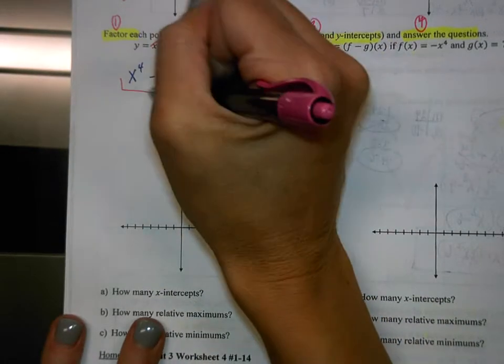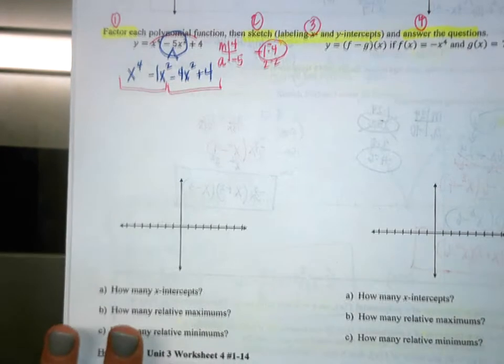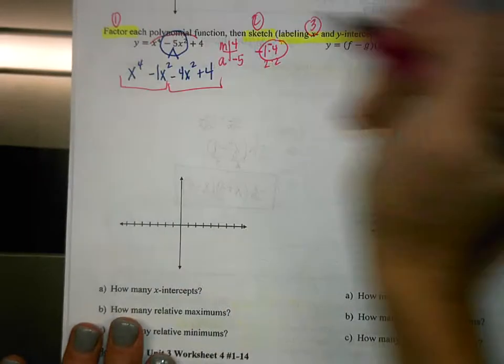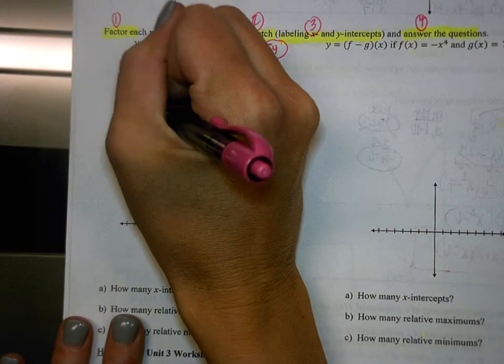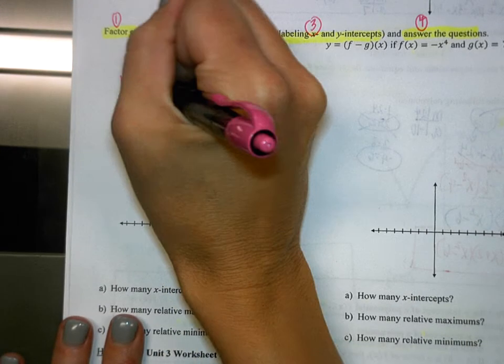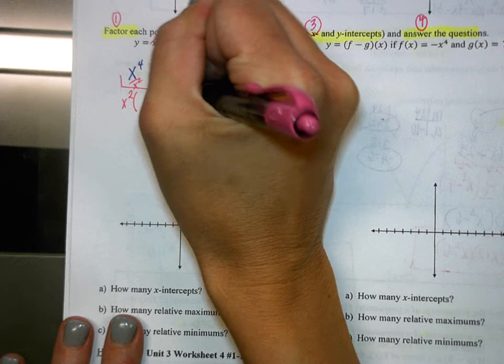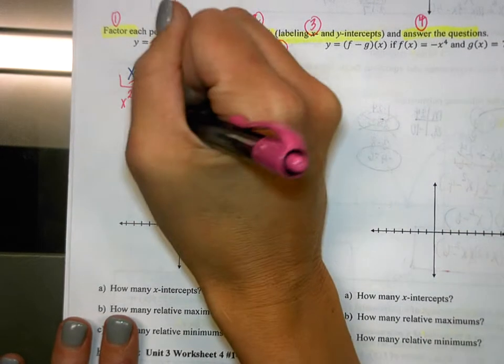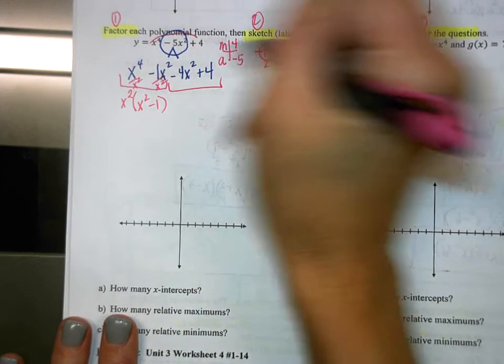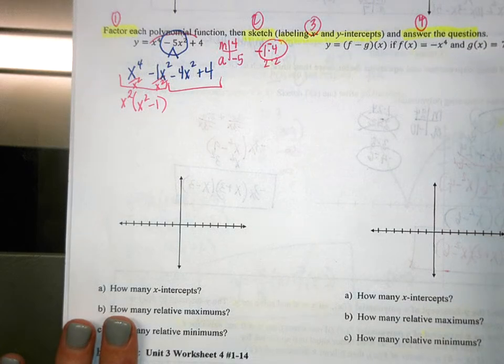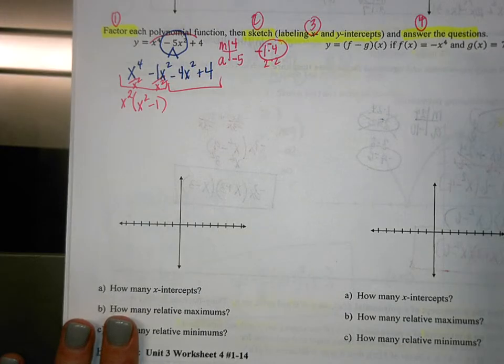Grouping. Okay, what is the GCF of the first group? X squared. And when we divide each of these by x squared, what am I left with? X squared minus 1. Perfect. Okay, next group, what is my GCF? A negative 4. Good.